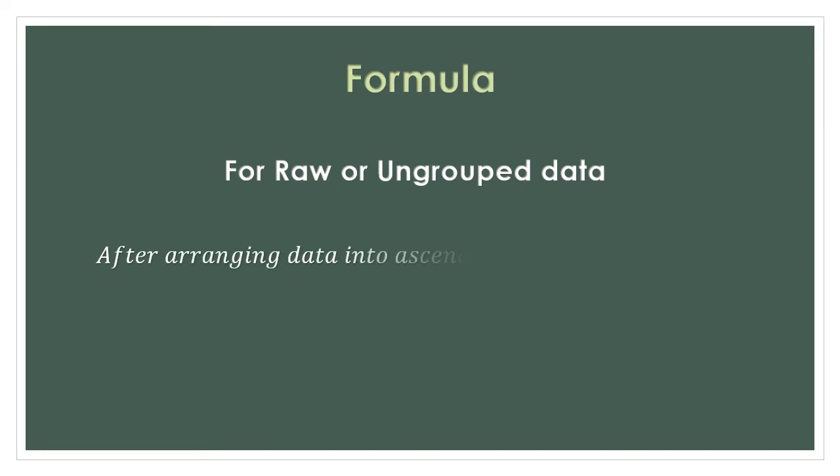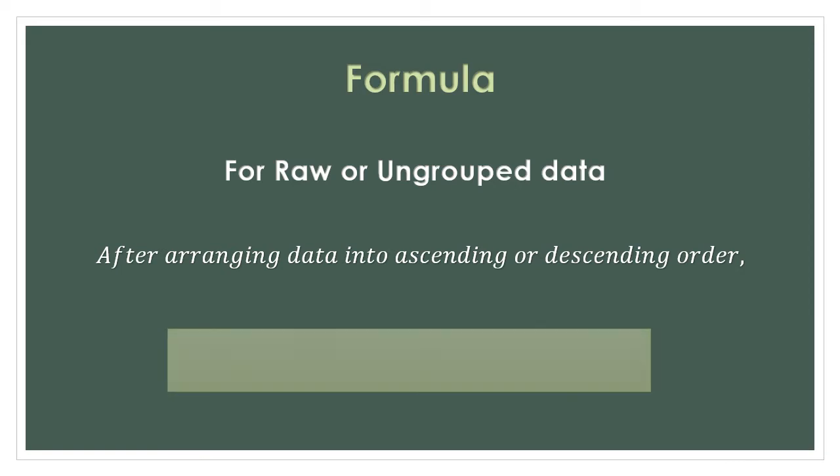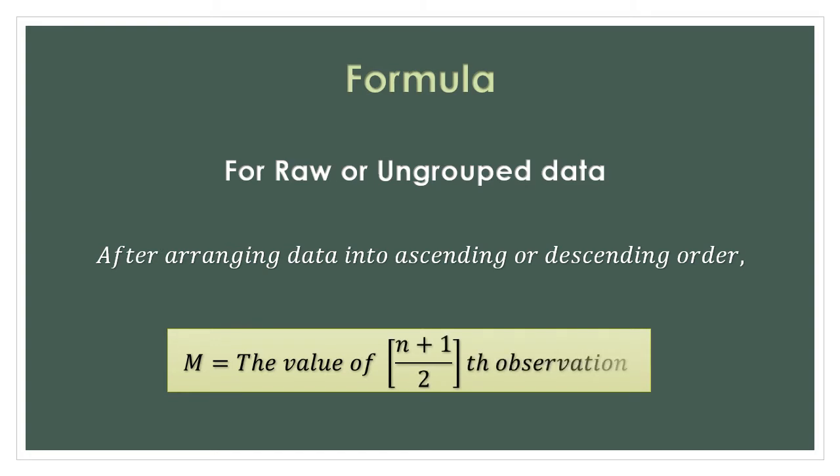The formula for calculating median, starting with the raw or the ungrouped data. Now when the data is raw data or the ungrouped data, we need to arrange the data into ascending or descending order, and after arranging them, we use this formula for median: the value of the (n plus 1) upon 2 observation. That means the total number of observations plus 1, and because it is in the exact middle, that is it divides the data into two parts, we divide these observations with 2.